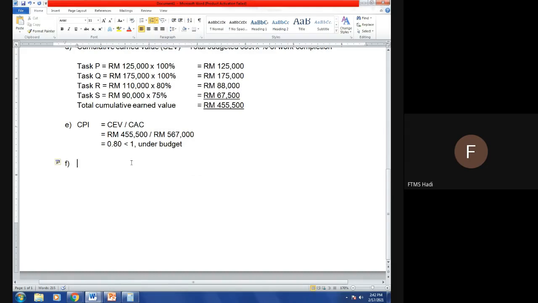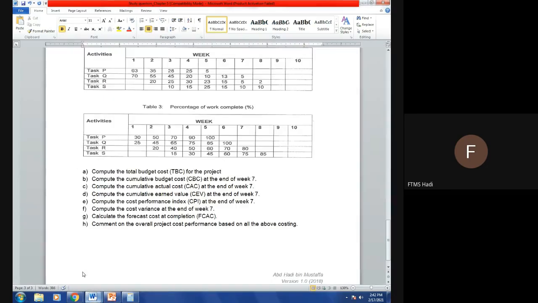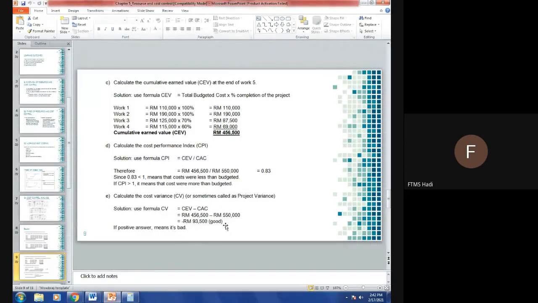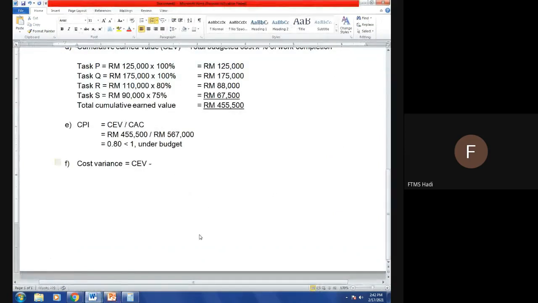Alright, the next question is cost variance at the end of week 7. So the formula will be CEV minus CAC. For CEV, RM 455,500 minus cumulative actual cost 567,000. Using the same amount, but the operation is minus.